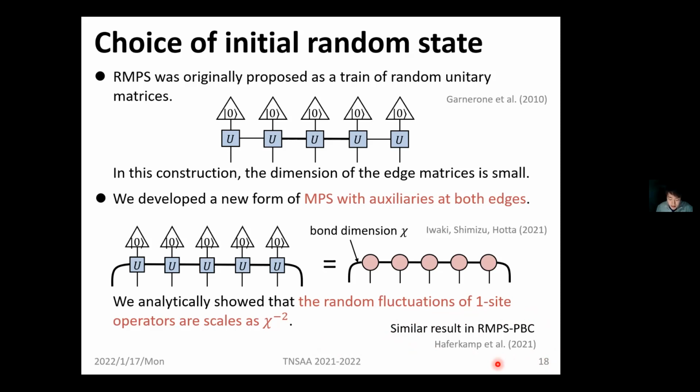Okay. In actual calculation, for simplicity, we take the elements of the MPS to be random variables following a complex Gaussian distribution. This setting is useful for later analytical calculation.